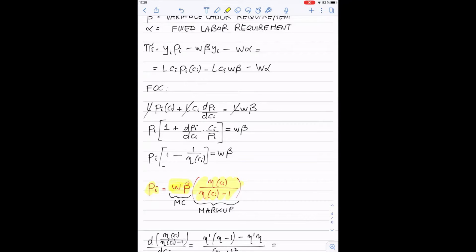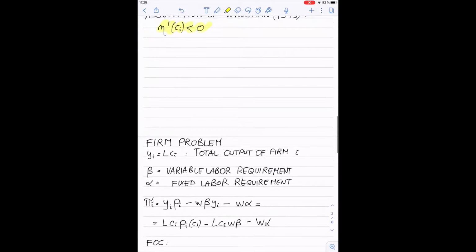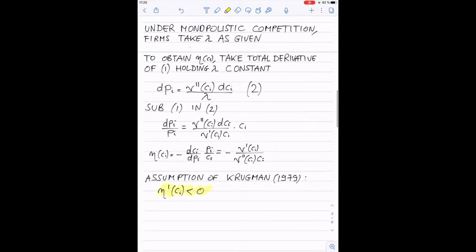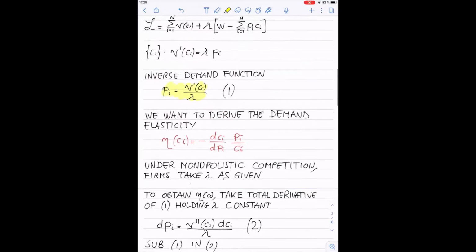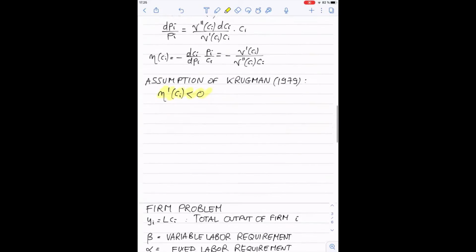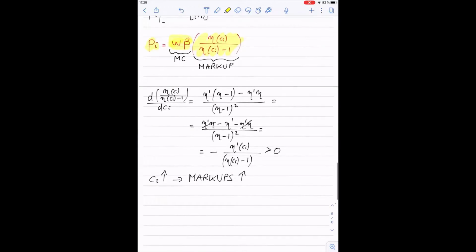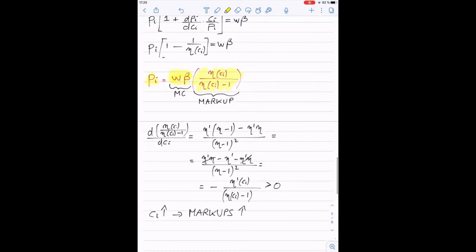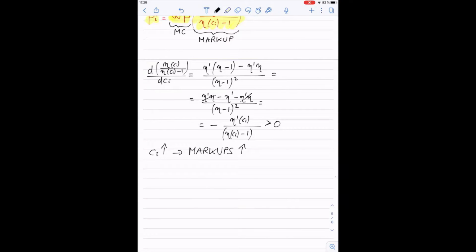But CI is also a function of the price, because we have the demand equation that we showed before in 1. So PI and CI are related by a one-to-one mapping, and therefore this pricing equation really applies for all firms. In other words, what we have in this model is that firms are identical.